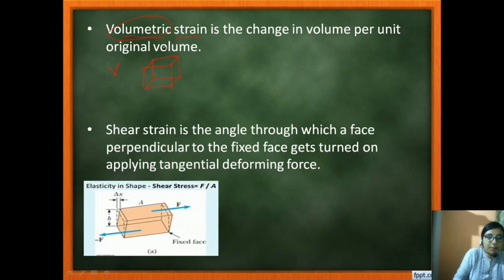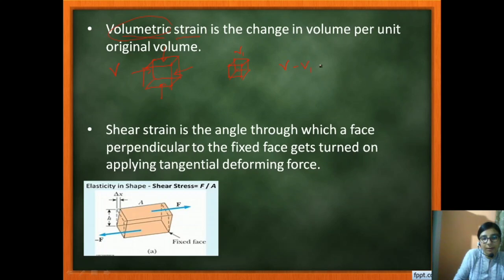Now we'll apply some force from all the directions on all the faces of it. That means we are applying the normal force, that means we are compressing it, and because of this force its volume will get decreased. Suppose now it will become of this shape and its final volume is V1. That means what is the change in volume?